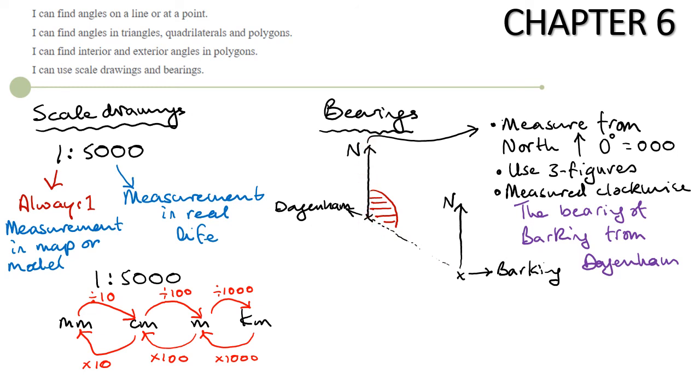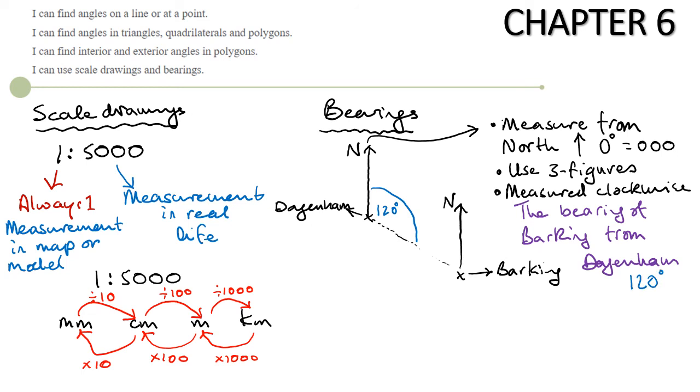So for example, let's say that this angle here was a bearing of 120 degrees. So the bearing of Barking from Dagenham is actually 120 degrees.